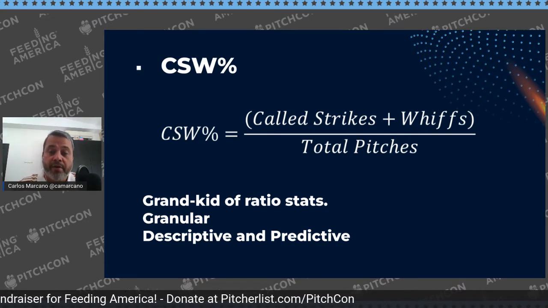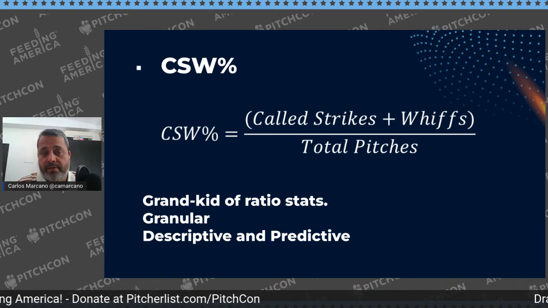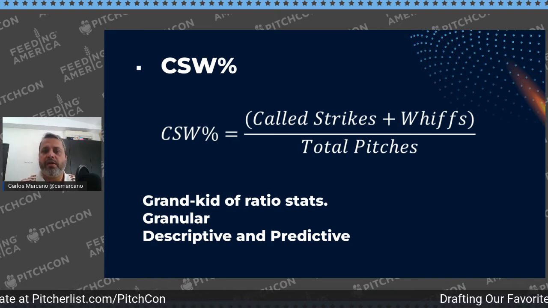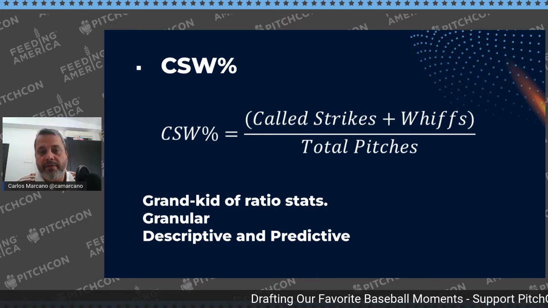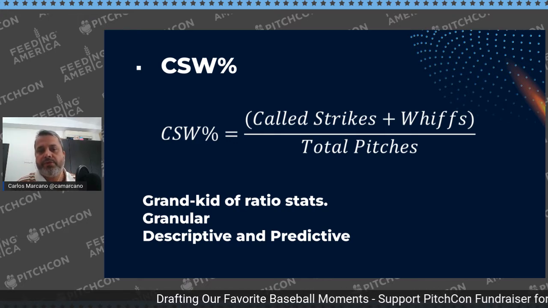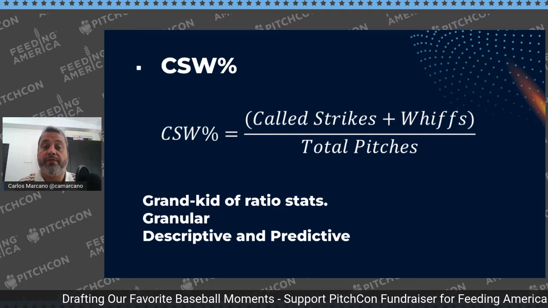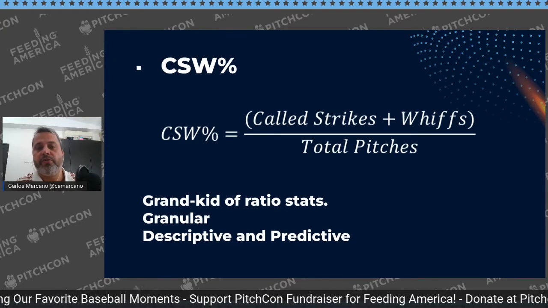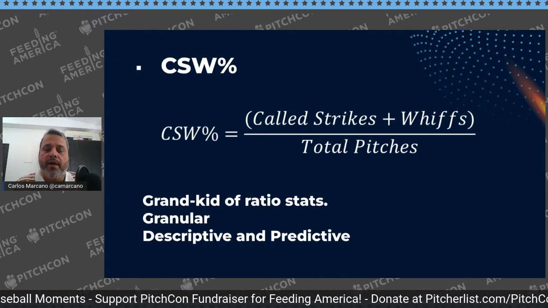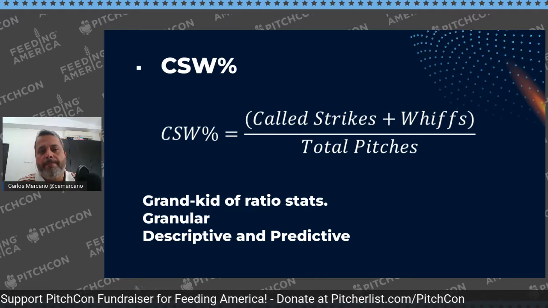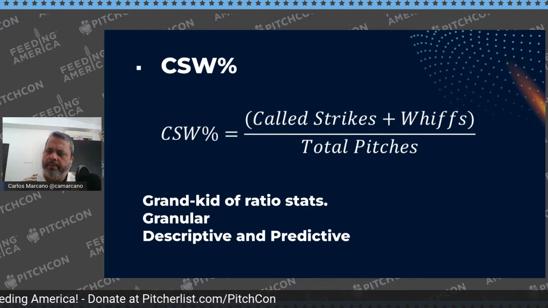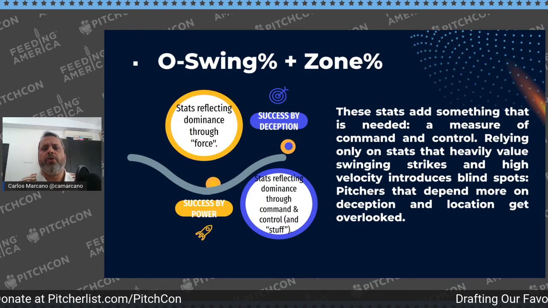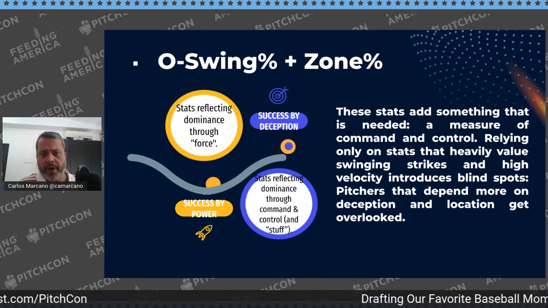It's more granular than the previous one because we go directly to the pitch level. We use called strikes plus whiffs over total pitches, so we have a more granular look here. And CSW percentage also has good prediction power.